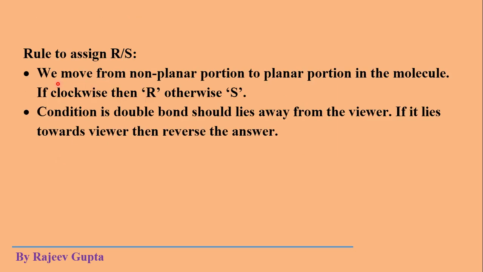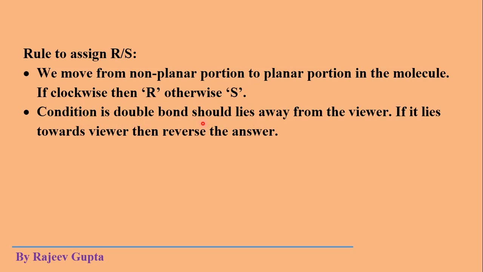So how will we assign RS? We will move from the non-planar portion to the planar portion. The non-planar portion means the polymethylene chain; the planar portion is the portion which contains the double bond. If the direction of the arc is clockwise then R, if anti-clockwise, then we will assign S. Remember, we move from the non-planar portion to the planar portion, but the condition is that the double bond should lie away from the viewer.